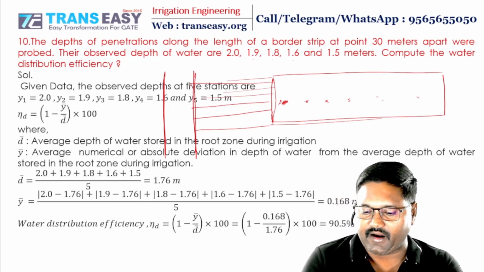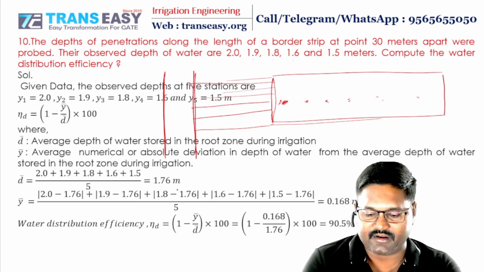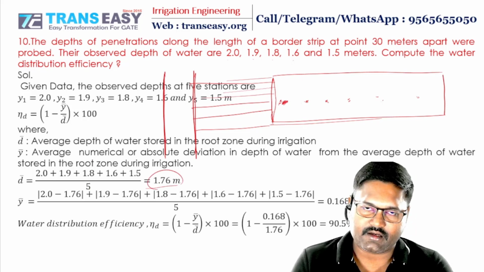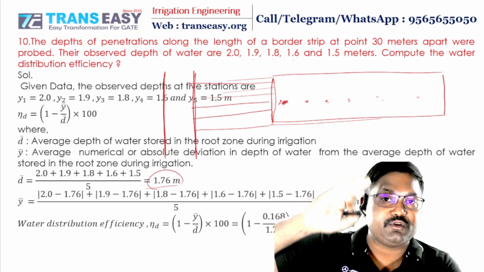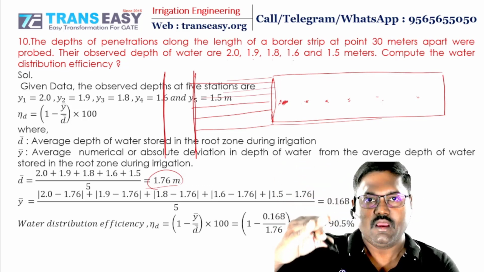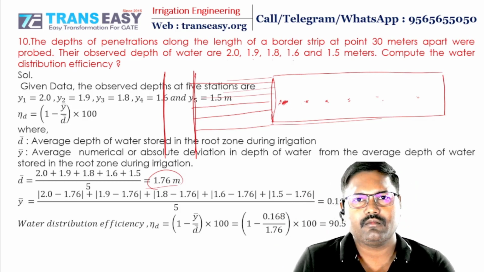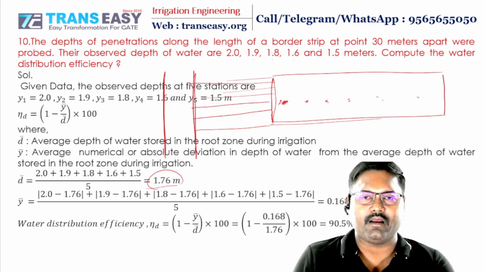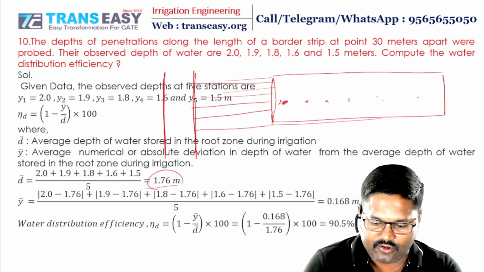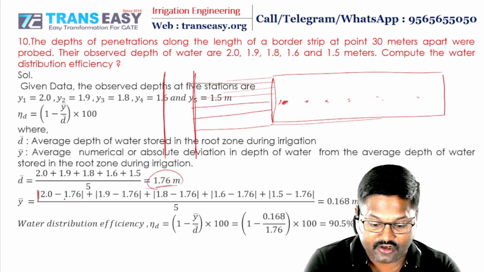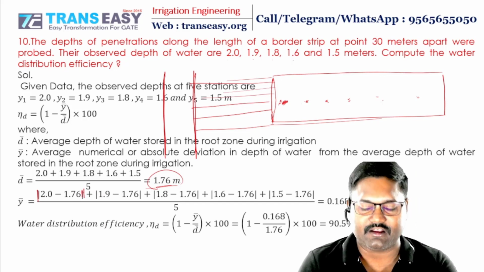So first find the average depth of water, d bar: simply add all and divide by the number. This is average depth of the water, and now we find average of absolute deviation in the depth of water from average depth of water in the field during irrigation. So 2.0 minus 1.76, its absolute value. Take its positive value. This modulus shows we are taking the positive value.